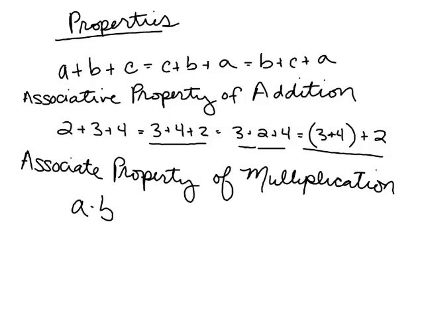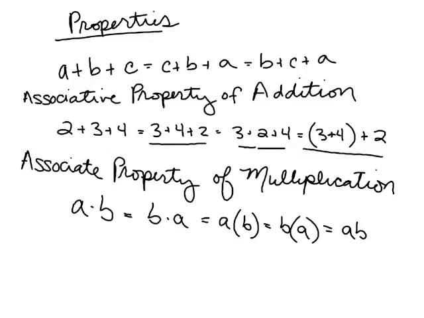I can also write that as B times A. What are some other ways we might see that written? A parentheses B, or B parentheses A. What about like this? Just AB. So the associative property means I can rearrange my terms. If all I'm doing is adding or all I'm doing is multiplying, then I can rearrange them however I want.